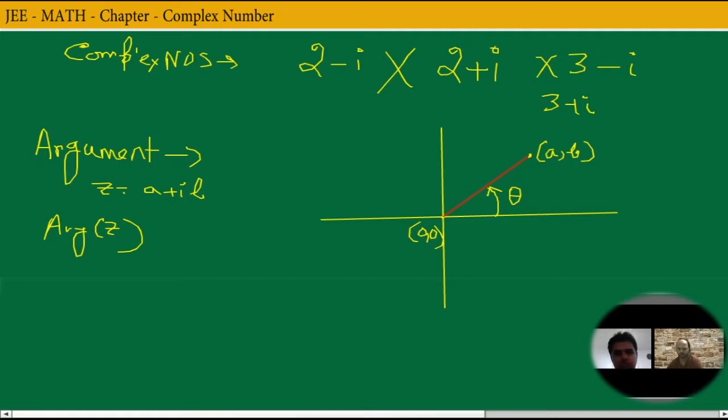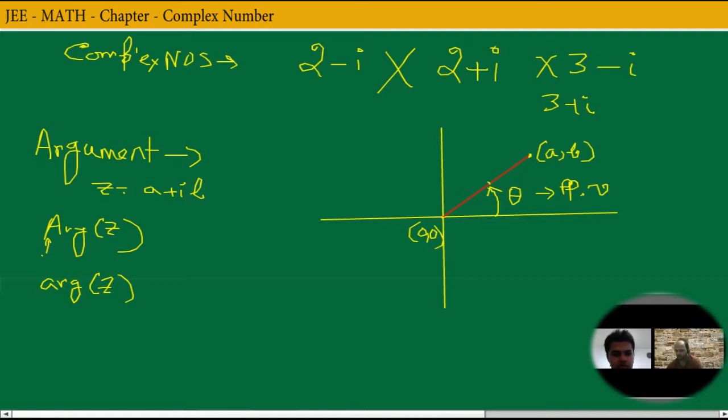Now, this value is called the principal value, that is the principal argument. I'm writing this as PV, principal value. This theta. When we write the argument for the principal value, it would be a capital A, and otherwise a small a.